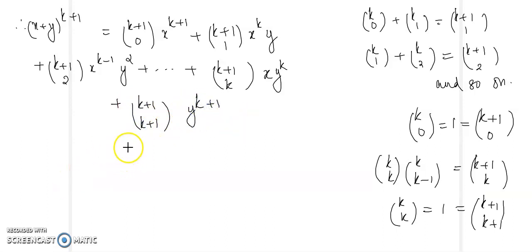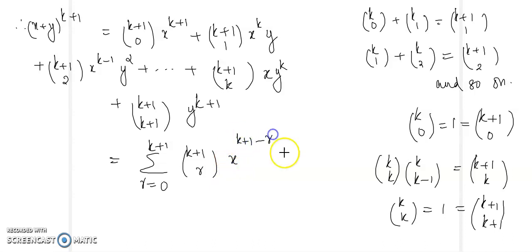So this is going to be the expansion of x plus y whole raised to k plus 1, that is summation r equal to 0 to k plus 1 of k plus 1 Cr x raised to k plus 1 minus r y raised to r.